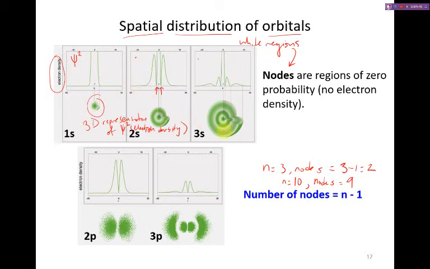In reality, there is a non-zero chance that an electron is going to be infinitely far from the nucleus. But because that chance is so small, we often ignore it. And so we represent the orbitals with these boundaries, and these boundaries represent 90% of all electron density.